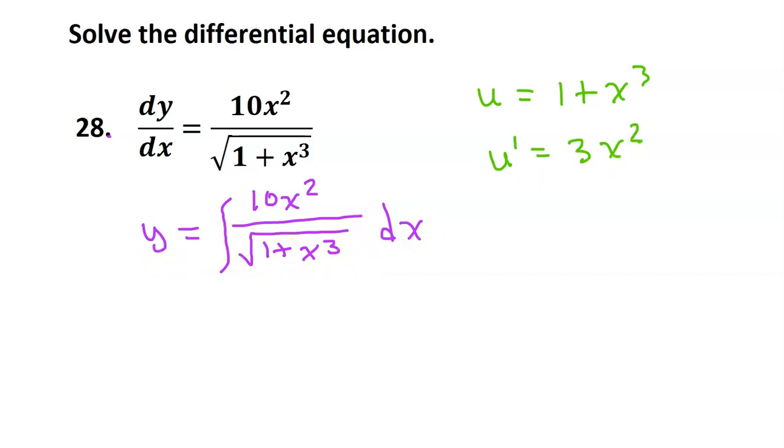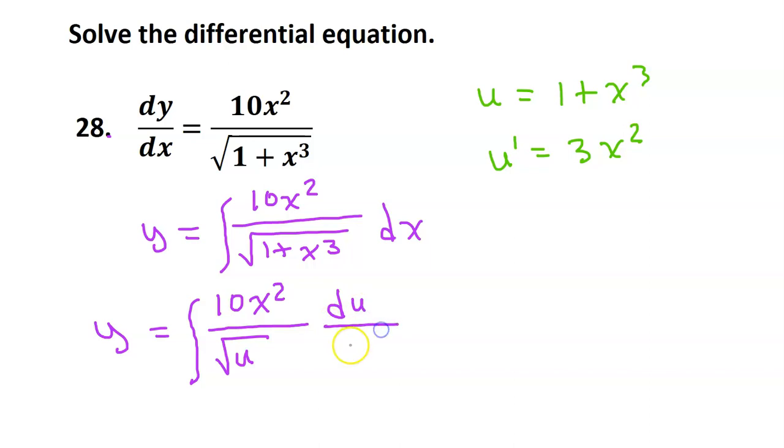Let's go ahead and make that substitution. So we have y equals the integral of, for now we still have this 10x squared, but in the denominator we have the square root of u. Instead of dx, we will write du divided by u prime, which is 3x squared.